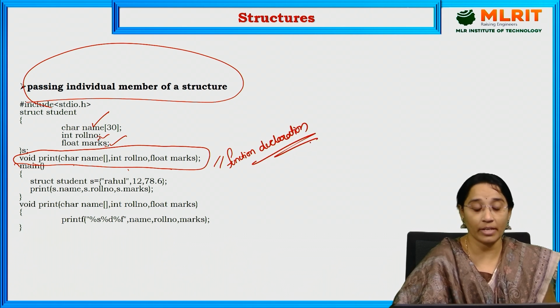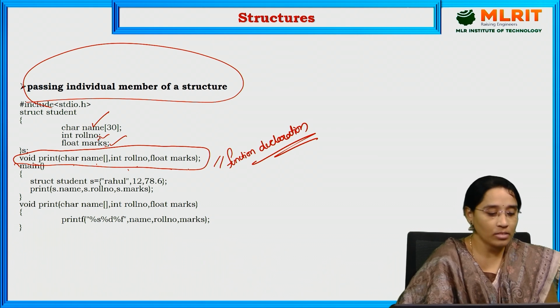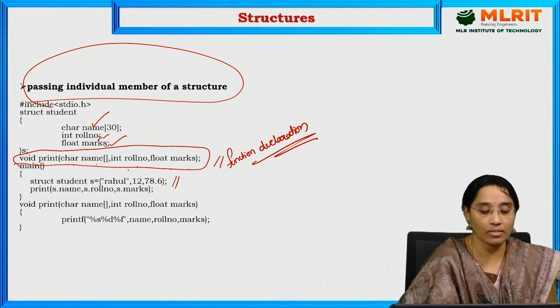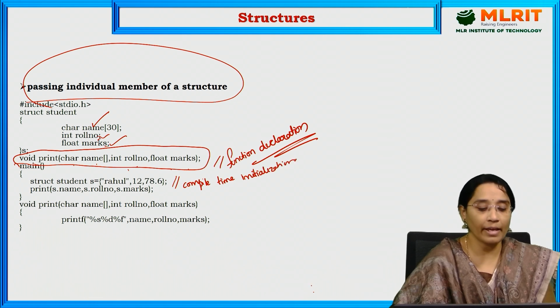Next, struct student s. Which type of initialization is this? This is compile time initialization. In compile time initialization, you write the name of the student, in the example Rahul, roll number 12, and marks 78.6.